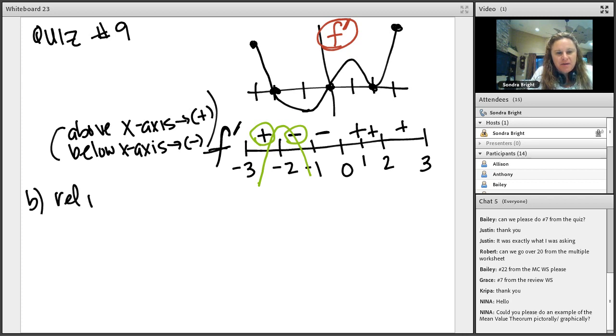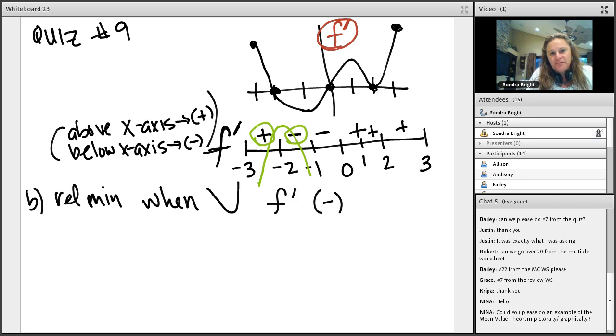Yes, okay. Part B wants to know the relative minimum. So a relative minimum is going to happen when f goes down and then comes up, so when f prime goes from negative to positive. And that is happening right here. You see how it went from a negative to a positive, which means your graph is going down and then coming back up again. So it'll happen at x equals 0.